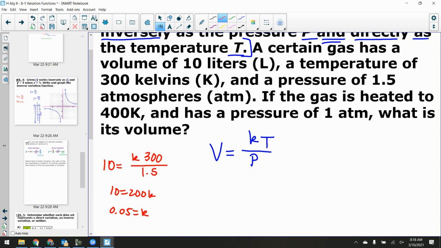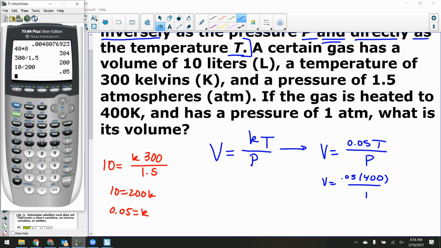That gave me enough information to write out the equation where I no longer need to substitute K as my constant. So V is equal to 0.05 T divided by P. Now it says, okay, if the gas is heated to 400 Kelvin and at a pressure of 1 atmosphere, what's its volume?